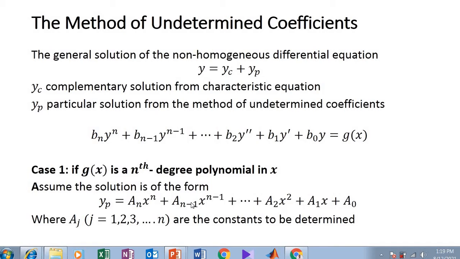If n equals 2, your particular solution will be a2 x squared plus a1 x plus a naught. If your polynomial is of degree 0, this will be a constant. Your aj's are constants to be determined, hence the method is called the method of undetermined coefficients. We want to determine those coefficients.